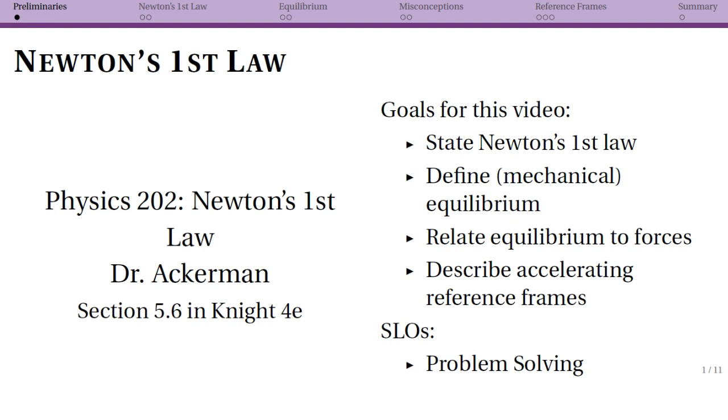The main topic that this relates to is the idea of problem solving, that understanding Newton's first law and equilibrium is going to be very important for many of the force problems that we deal with. So this is the conceptual foundation for a big category of problem solving, and this is largely coming from section 5.6 in Knight.